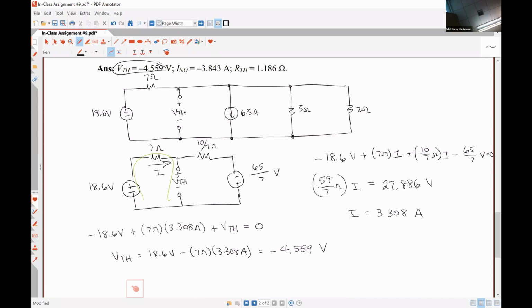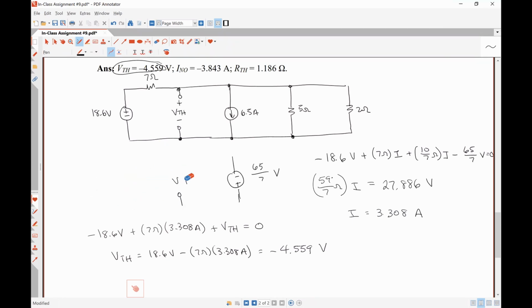Did anybody have any other suggestions looking back at our original circuit? The way I solved it was nodal. And it's really not much of nodal technically. It's kind of just doing Kirchhoff's current law at one node.